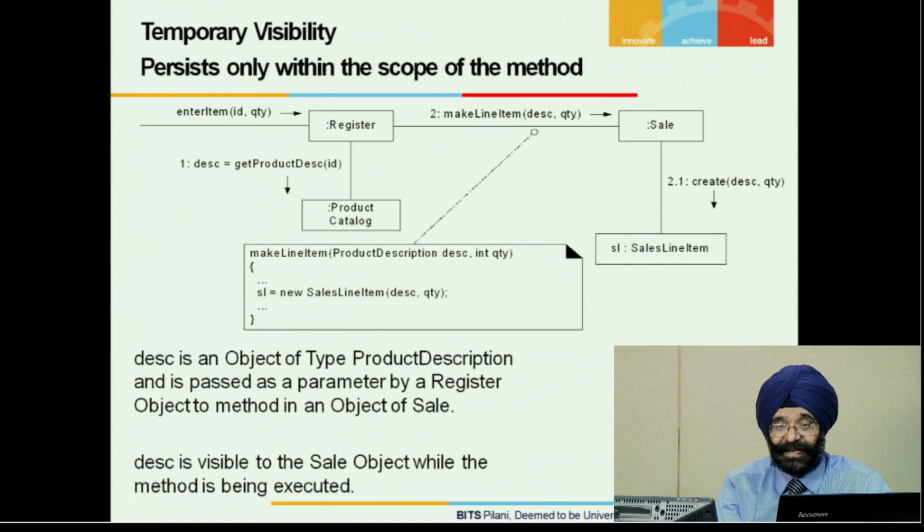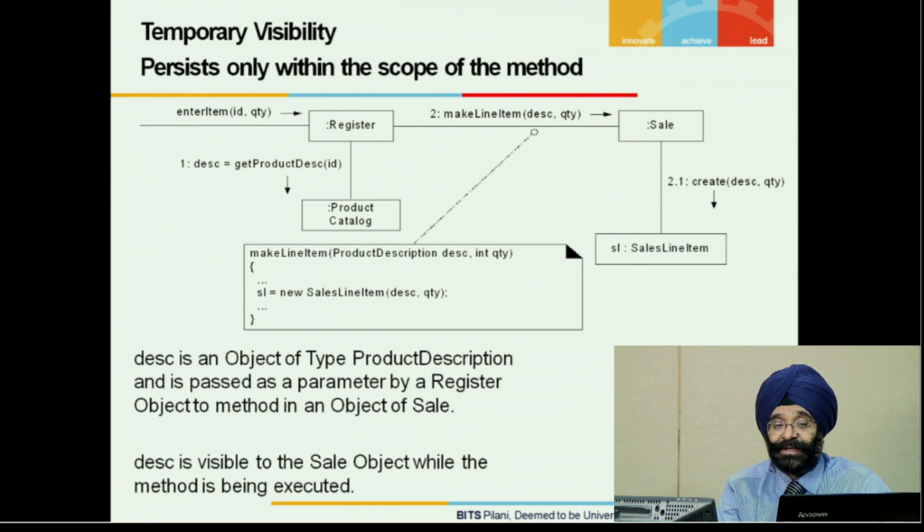Now this object SL has a constructor method in the class salesLineItem which will receive these two parameters: DESC, which is an object of type product description belonging to the product description class, and a generic variable called quantity, which indicates the number of items to be sent, based on which the sales line item object would be generated.